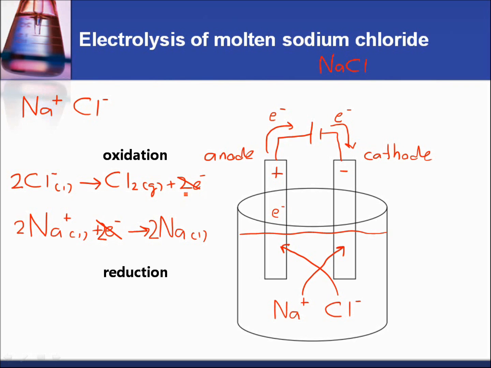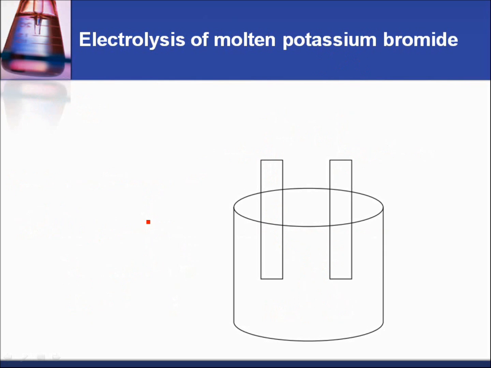Cross out the electrons, and that's your balanced equation there. Okay? And the ratio of Na to Cl2, well, there's 2 moles of Na to 1 mole of chlorine gas.